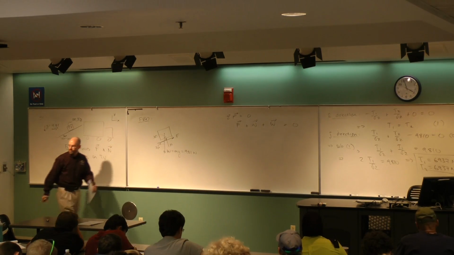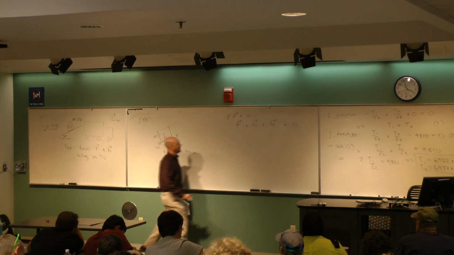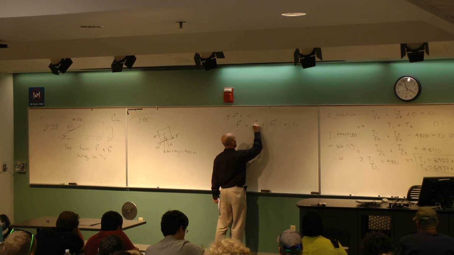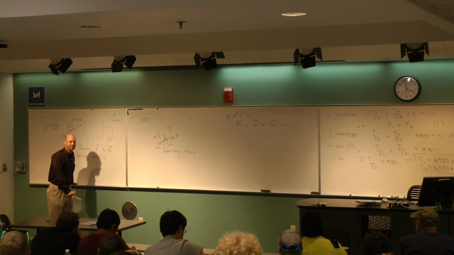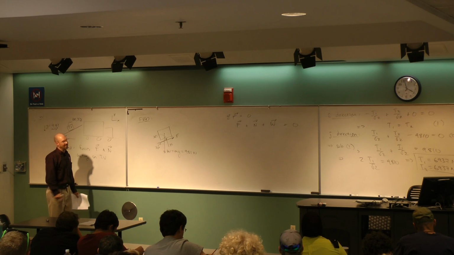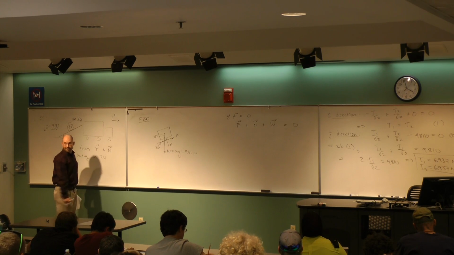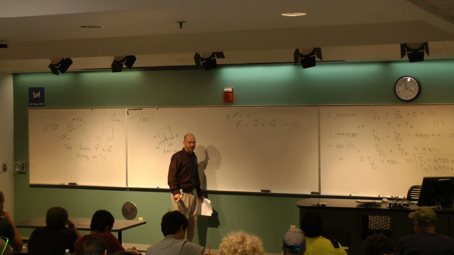So the procedure that I want to kind of drill into your head in this class is, if I have an equation that says F plus N plus W adds up to 0, then the first thing I should do is what? Yeah, write down each one of these guys. Write down F, write down N, write down W, see what I get.